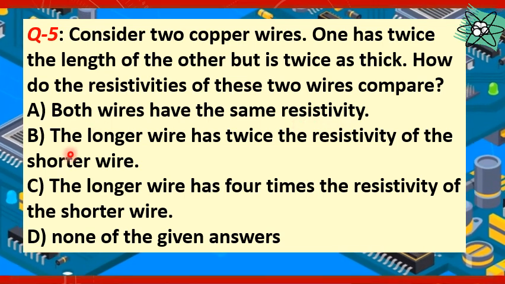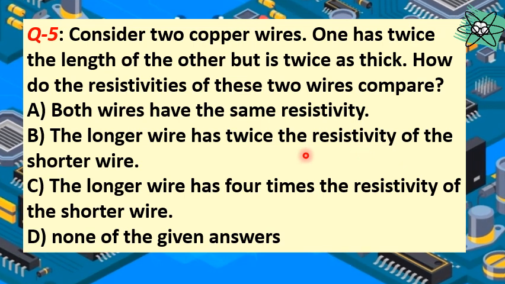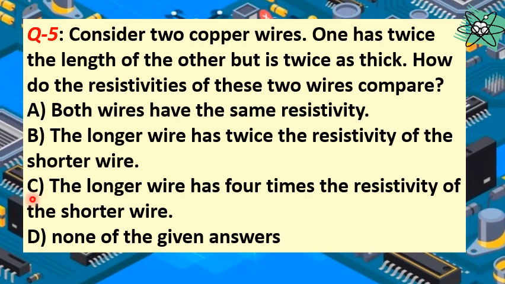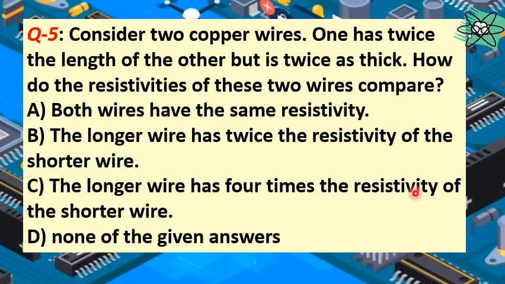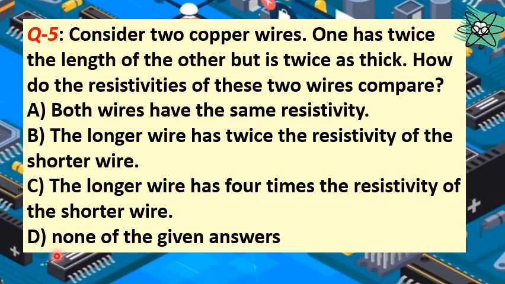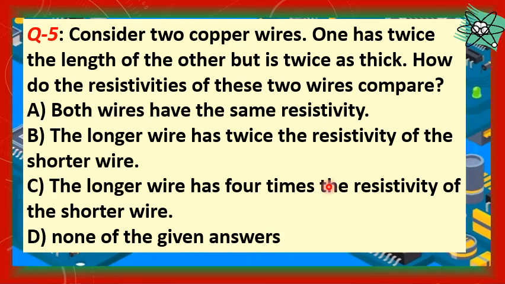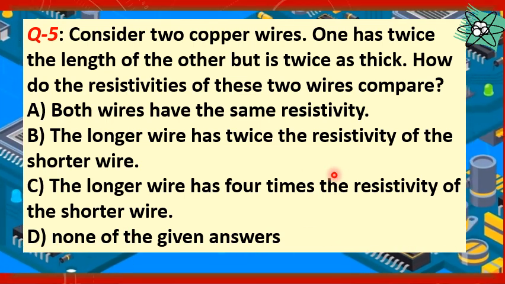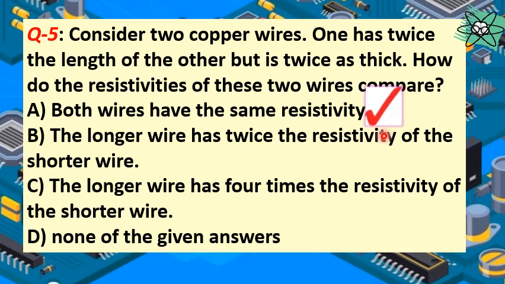Option letter B. The longer wire has twice the resistivity of the shorter wire. Option letter C. The longer wire has 4 times the resistivity of the shorter wire. And option D. None of the given answers. The correct answer is option letter A. Both wires have the same resistivity.